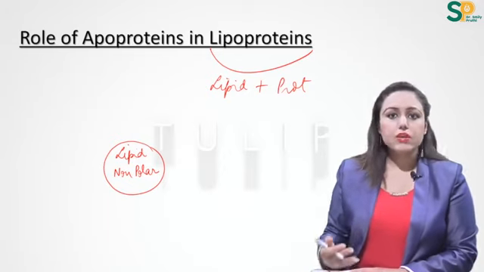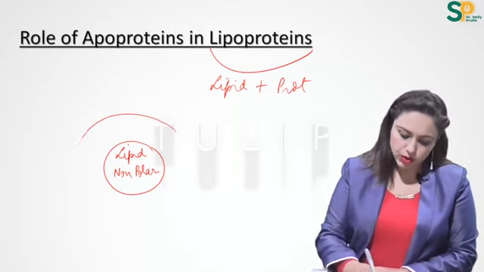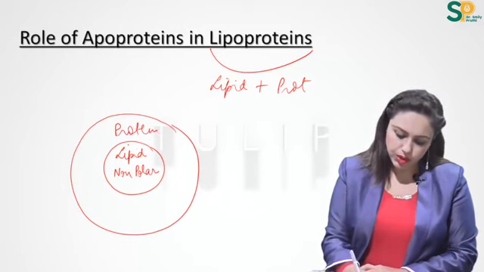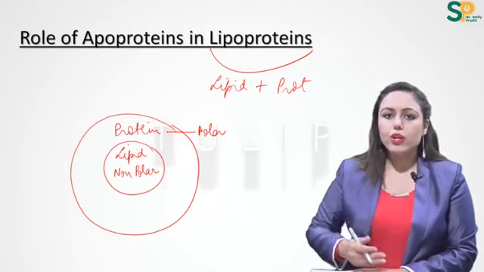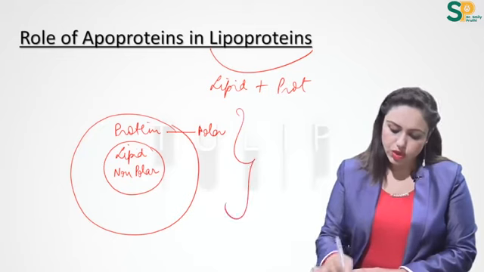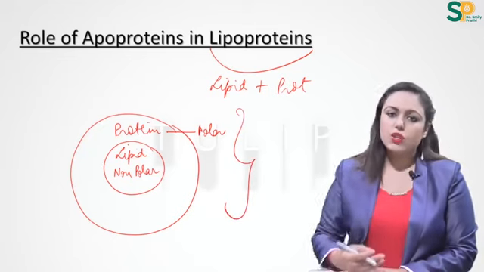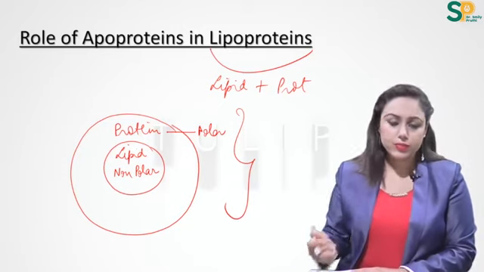So for making them suitable to be transported in the polar blood, what will the body do? The body will synthesize a periphery made up of protein. Protein is polar, you can say hydrophilic. So a hydrophilic periphery and a hydrophobic core. This kind of structure is known as a lipoprotein, for example HDL, LDL, VLDL. So they transport lipids from one place of the body to another, right?